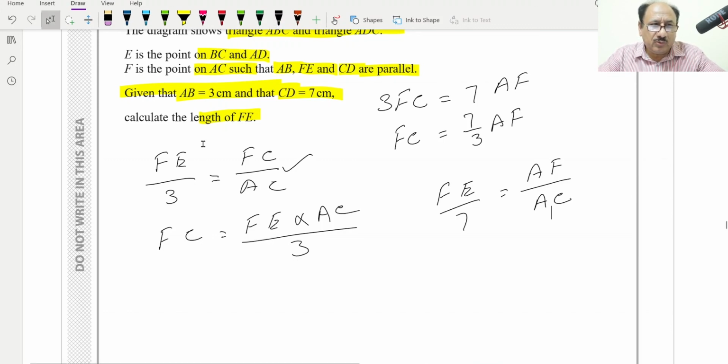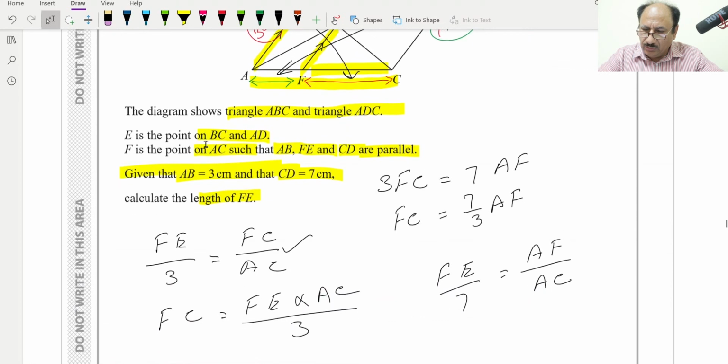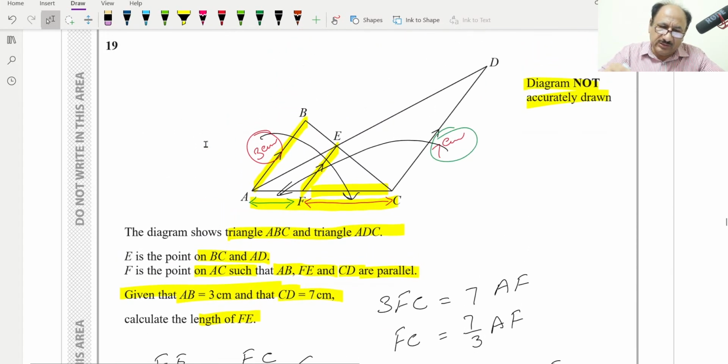Now this equation, FE over 7 will be equal to AF over AC. We have taken the other two triangles by similarity. Basically we are now taking this triangle and this bigger triangle.